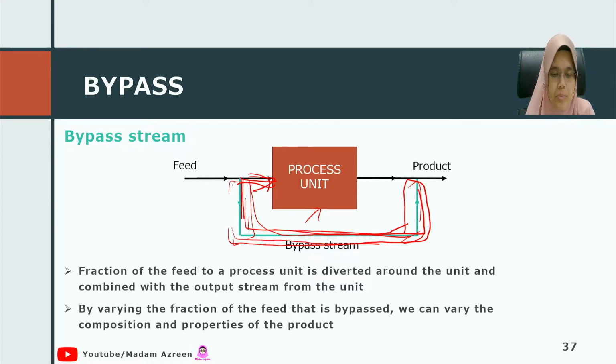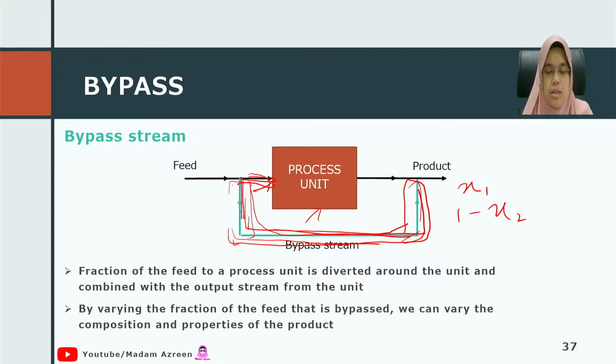So why do we need a bypass stream? Because we want to control the composition of a product, because of the property of the product, and because we want to vary the composition of the product.